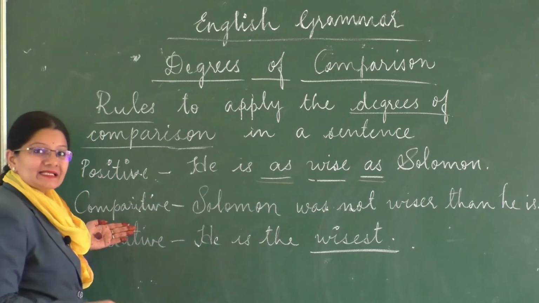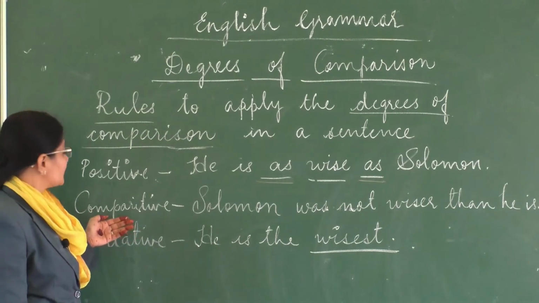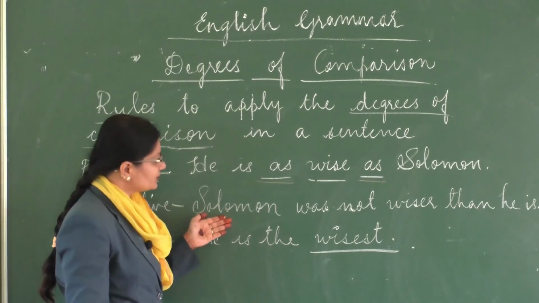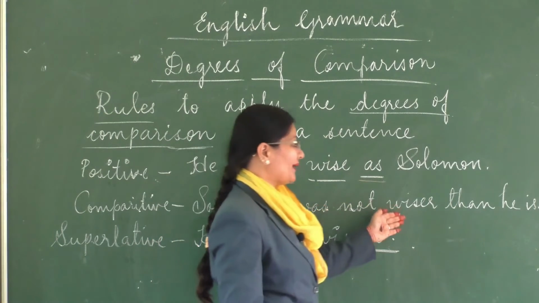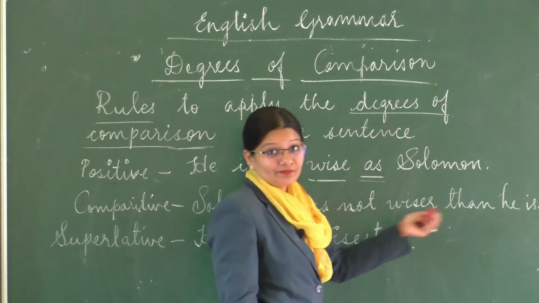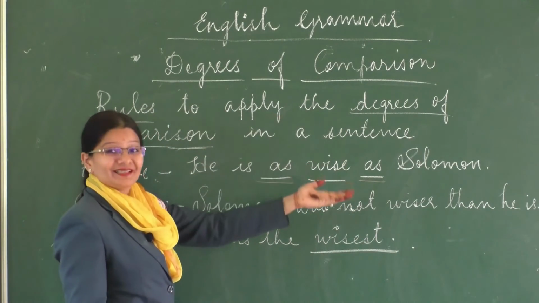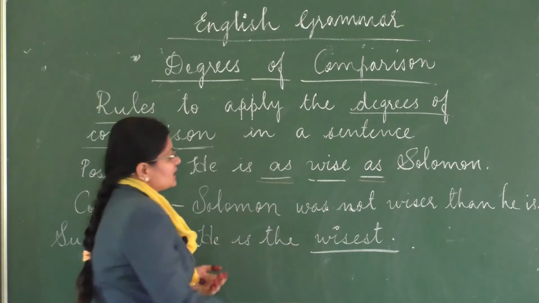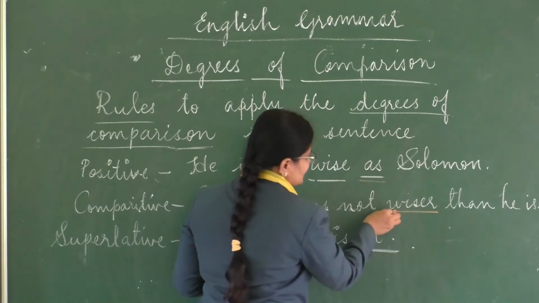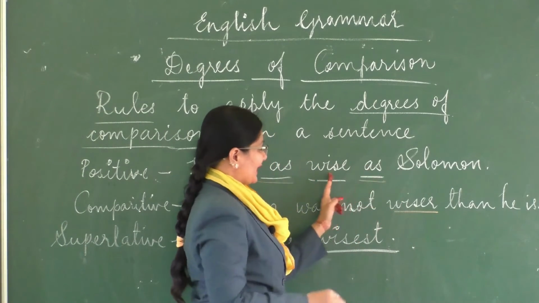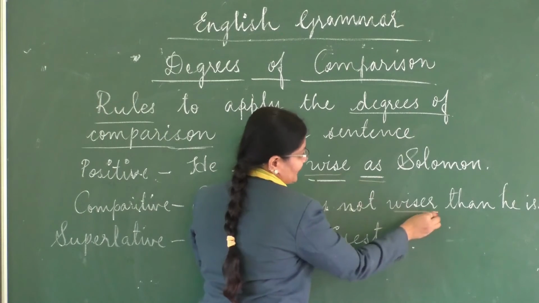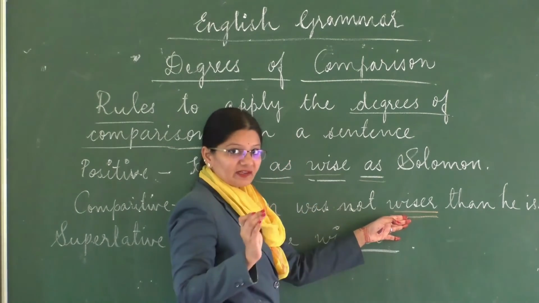Now let's look at the comparative degree. Here, Solomon was not wiser than he is. So here we are comparing Solomon with another person, correct? So wise has been changed to wiser, comparative degree.